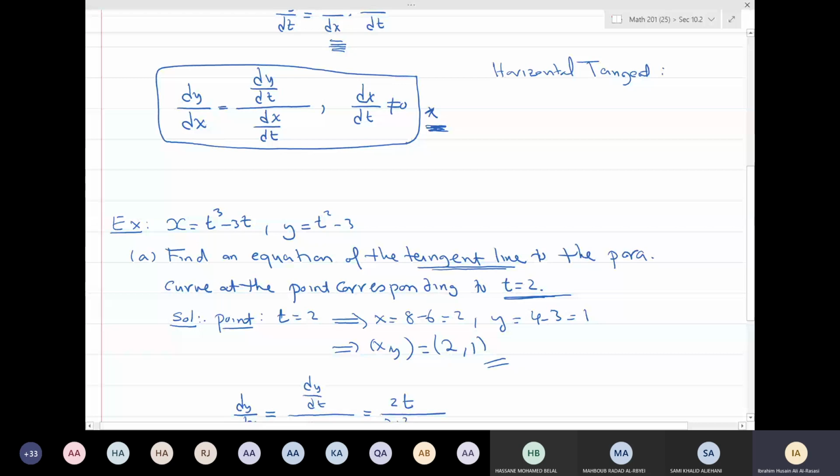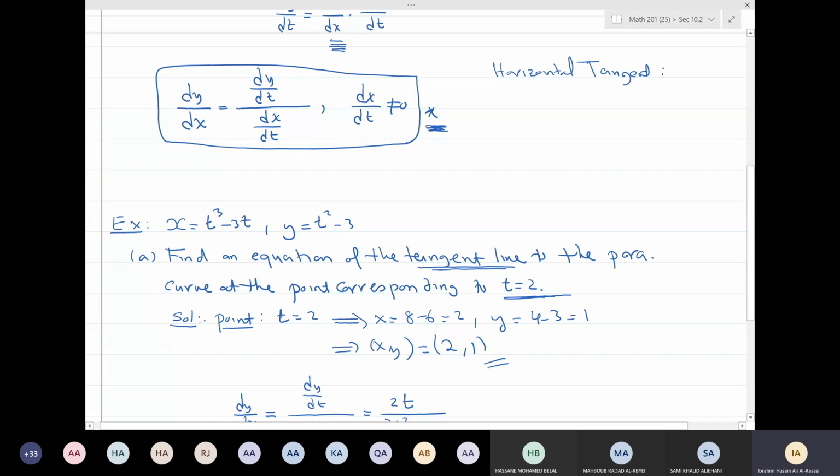When do you have horizontal tangent? When the derivative is zero, when dy/dx equals 0.